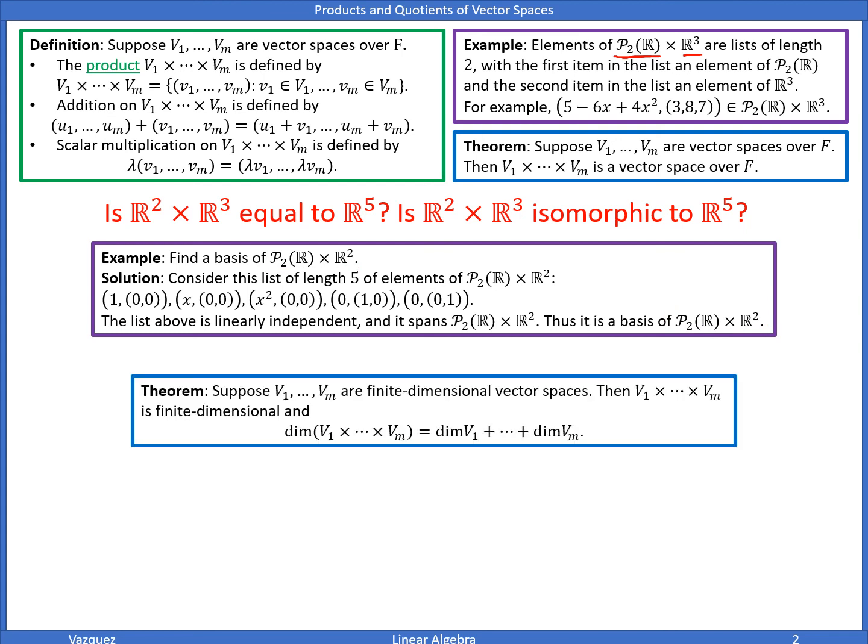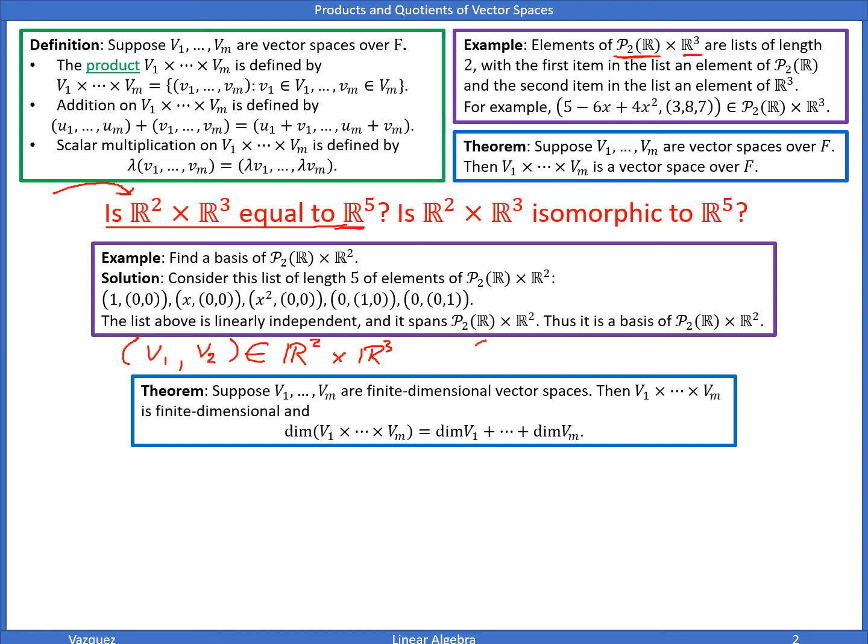So I do have a theorem here. Before I move on to the theorem, though, I do want to answer this question. Are they equal? Well, short answer, no, they're not equal. The reason being is that we get V1 and V2 from R2 and R3, and that's a list of length 2.